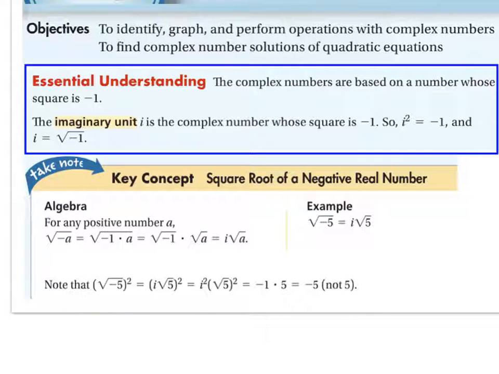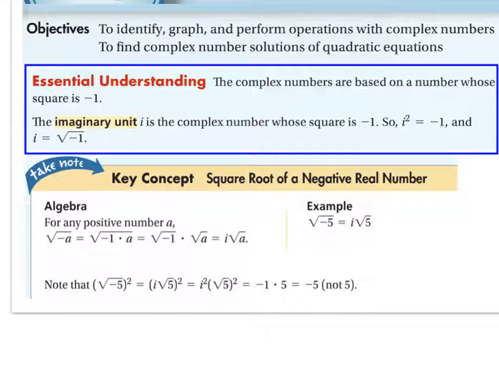Now usually we'll write that as the square root of a times i, but either way, either square root of a times i or i times the square root of a. So the example they give is the square root of -5. Well, that's i times the square root of 5. And again, we don't have to always go through all of that work. We can just exchange the negative inside the radical for an i outside of the radical.